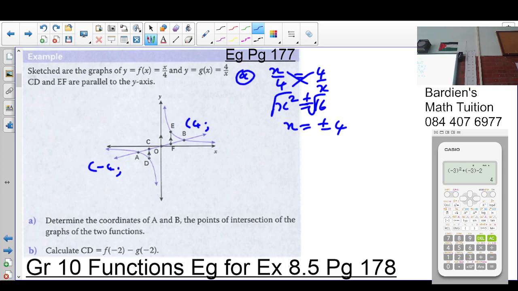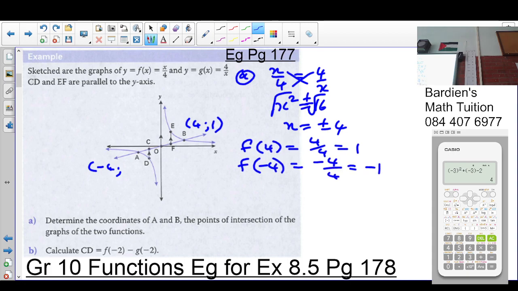So I substitute into f: f of 4 is 4 over 4, which is 1, which is that point there. And f of negative 4 is negative 4 over 4, which is negative 1, which is this value there. So there's A and there's B. If I substitute into g, it will give you the same answer.